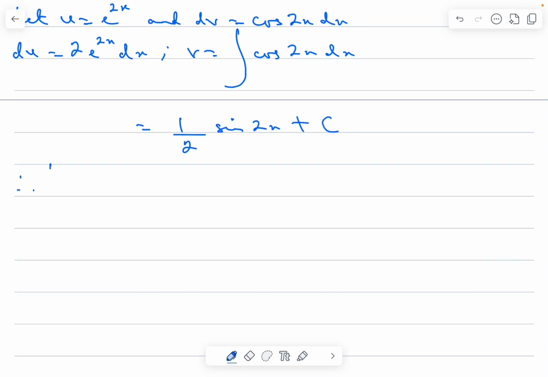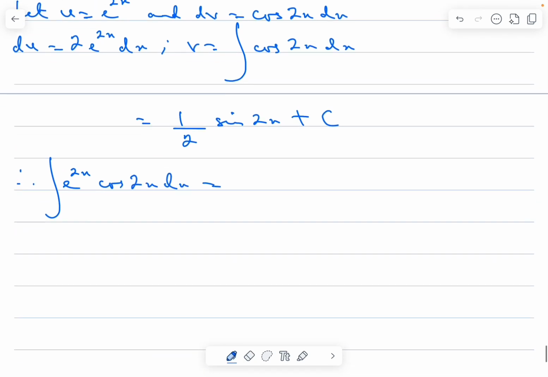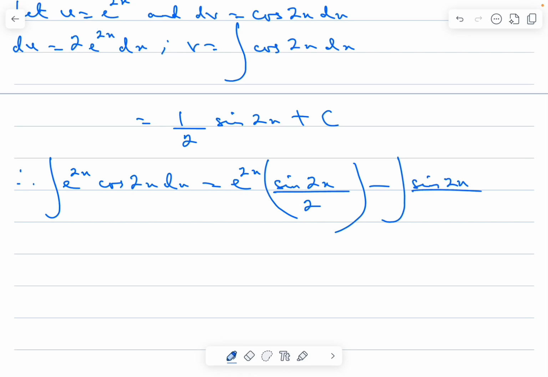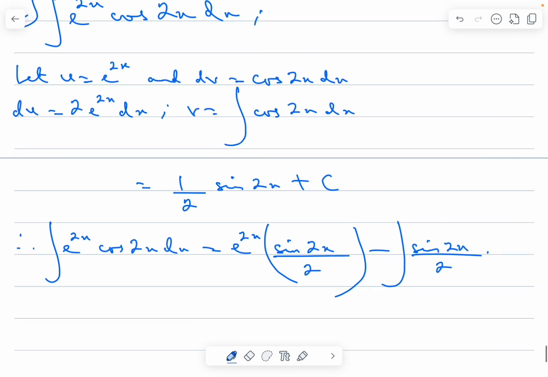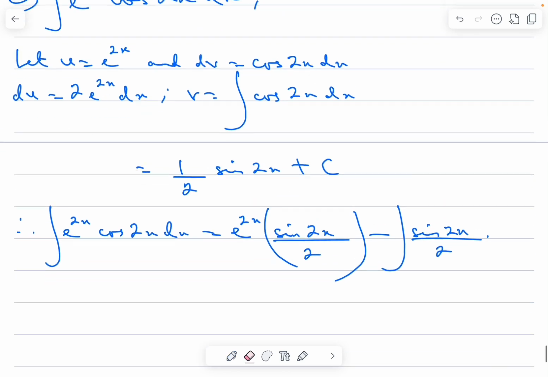So that therefore means the integral of e raised to power 2x cos 2x is equal to uv, u is e raised to power 2x, times v, which is 1 over 2 sine 2x, or I can write it simply as sine 2x over 2 minus the integral of v du. V is sine 2x over 2, and du is 2 e raised to power 2x dx.